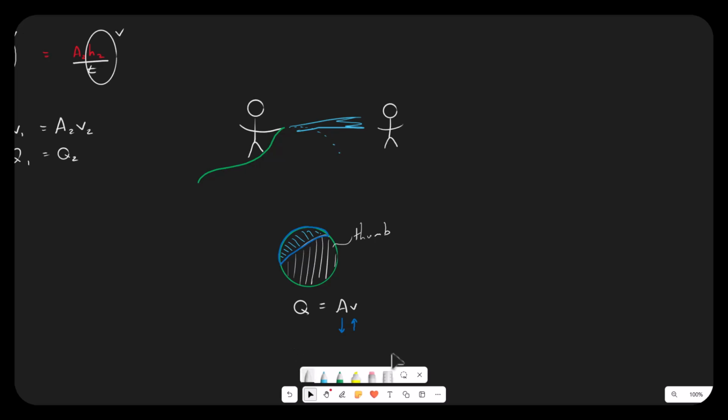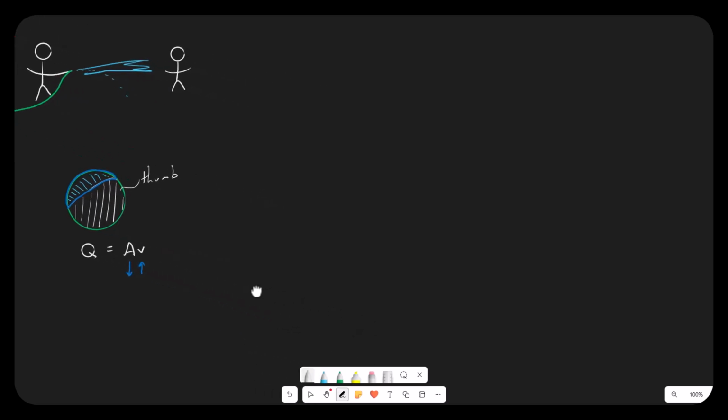There's another example that might be relevant to you. What if instead of a vertical column, we look at a horizontal column for a little bit, and instead of water passing through this, we're going to have blood passing through it. Well, blood has its own flow rate, and if this is like an artery, then we get a certain speed for that blood.